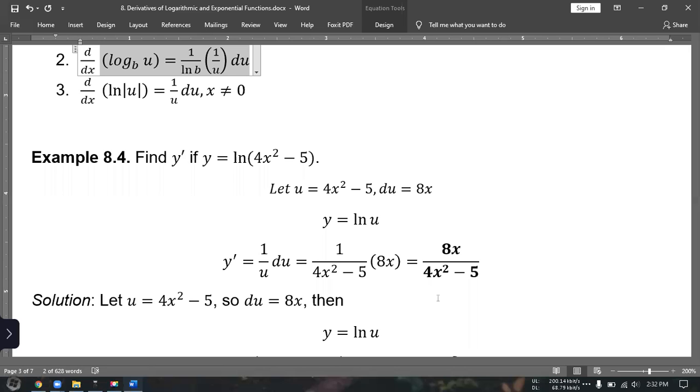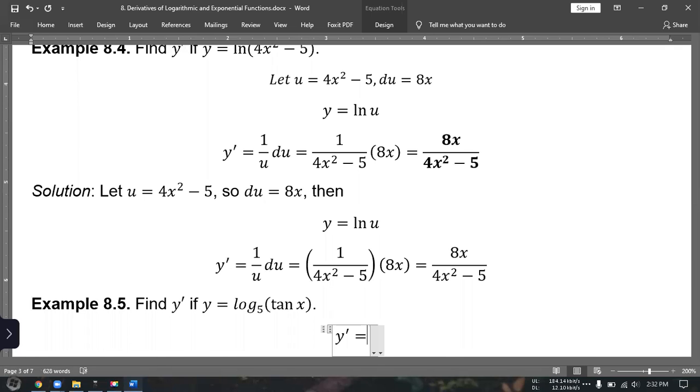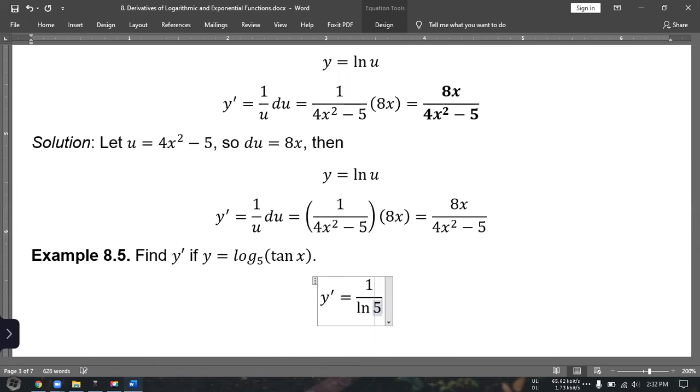Doing that, we have 1 over the natural logarithm of the base. Our base is 5. And times 1 over u. Our u here is tangent x. Right, tangent x. And then multiplied by the derivative of tangent x, which is secant square x.